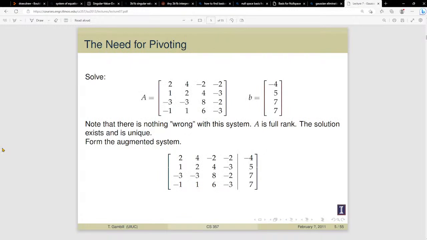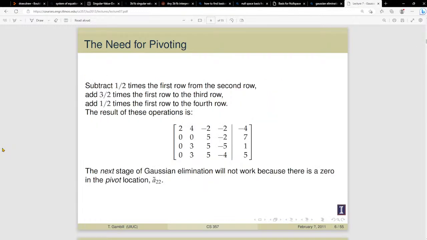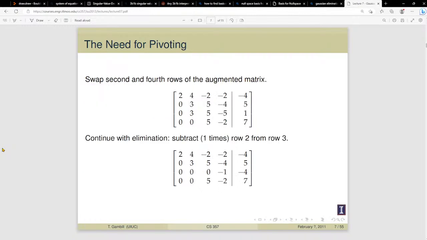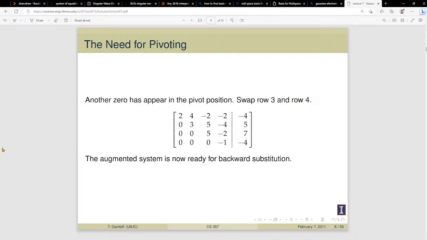A is full rank, the solution is in its unique form, the augmented system. Subtract, and so on, will not work because there is a 0 in the pivot location, A22. Swap second and fourth rows of the augmented matrix. Continue with elimination. Another 0 has appeared. Swap.